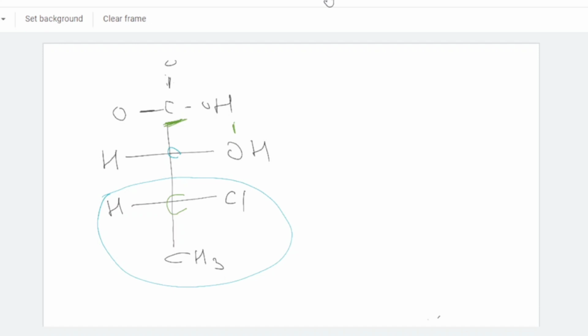So you should write like that: oxygen, oxygen, and oxygen. You should arrange them on the basis of atomic number, in decreasing order of the atomic number. And for this carbon, you should arrange them like that. First is fluorine, then carbon, then hydrogen.